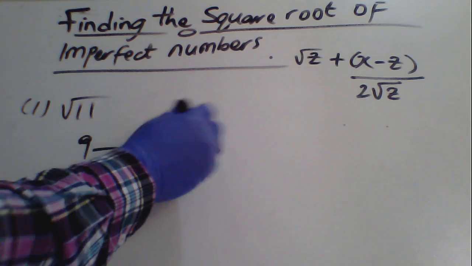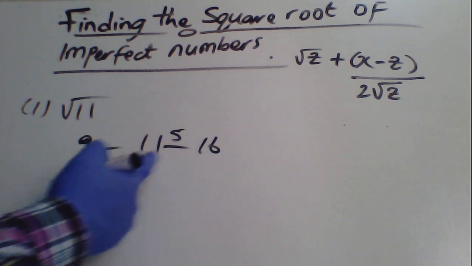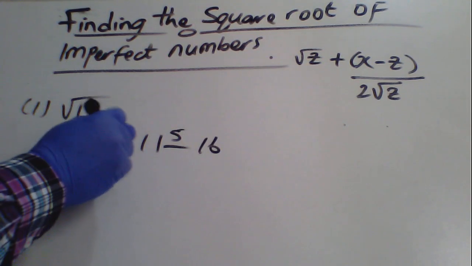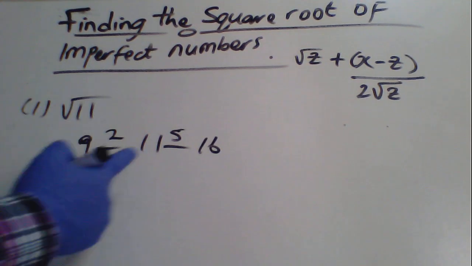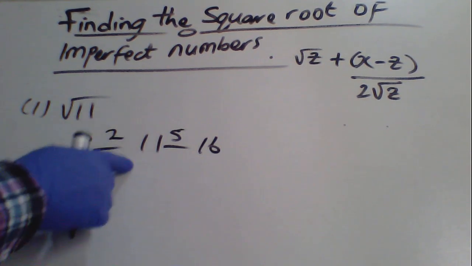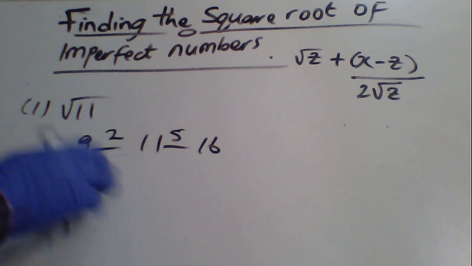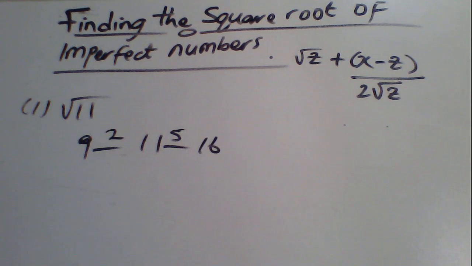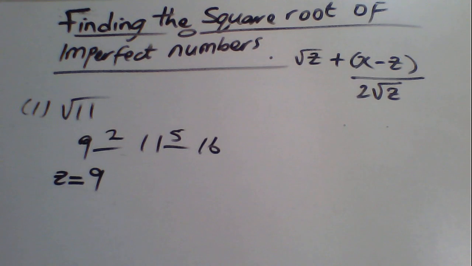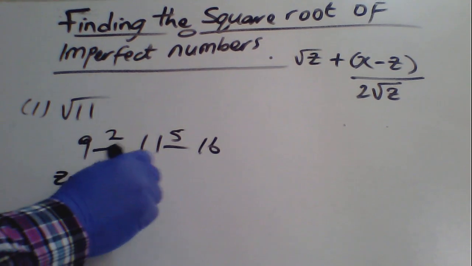You move 5 times in order to get 16. How many will you move to the left in order to get 9? You have to move 2, because 11 minus 2 will give us 9. So with this, you see that 9 is the closest perfect number that will give us a perfect square. So in this case our z is equal to 9, and x is equal to what?